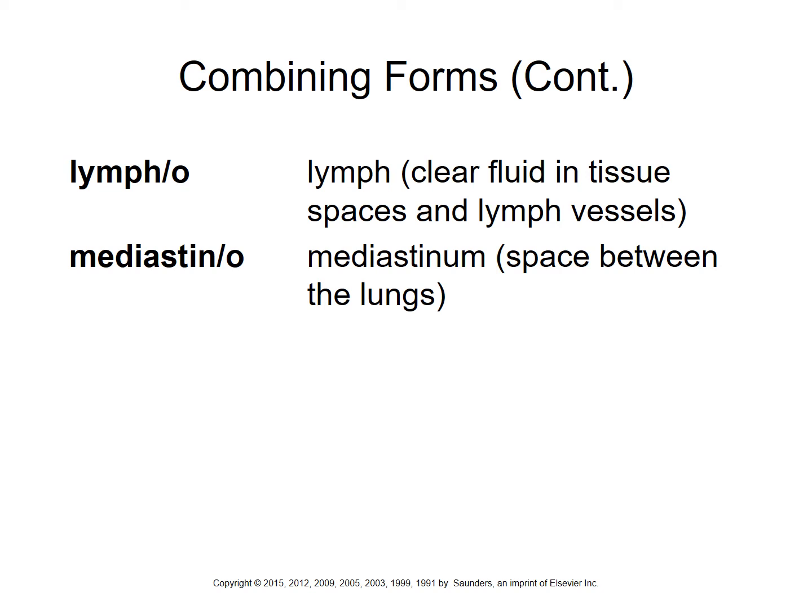If you take a look at page 57 in your textbook, the mediastinum is the area or the space between the lungs. There is a picture of a chest x-ray in A, and you can see that you've got the lungs, which are the darker areas, and then you've got this white or clear area. The book is pointing to the heart area, but your mediastinum contains a lot of different structures, but it's that space between the lungs, so mediastinum.